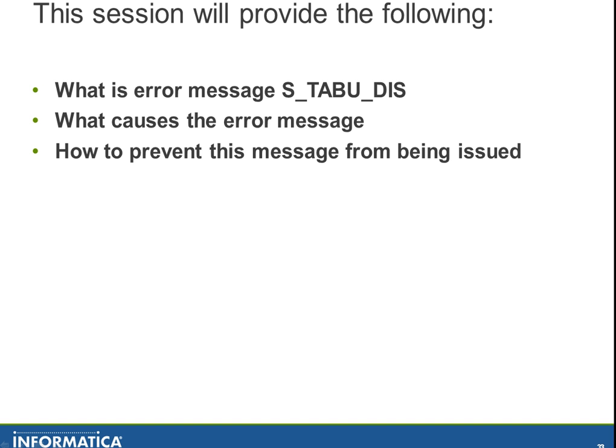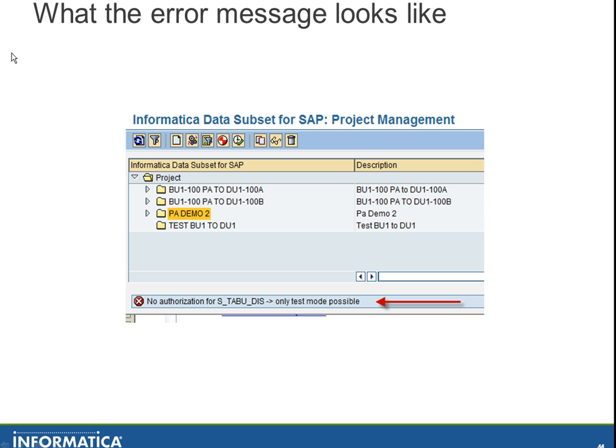In our example, when the HR person tries to move those employees over, creates the project, generates the project, and tries to process the project, the error message S_TABU_DIS would be issued. This is what the error message looks like when the project was attempted to process, or when you click on the process button.